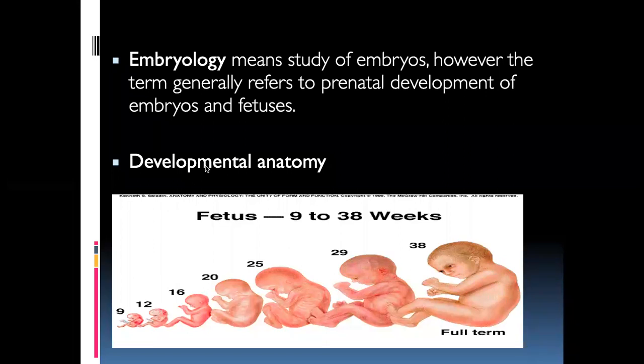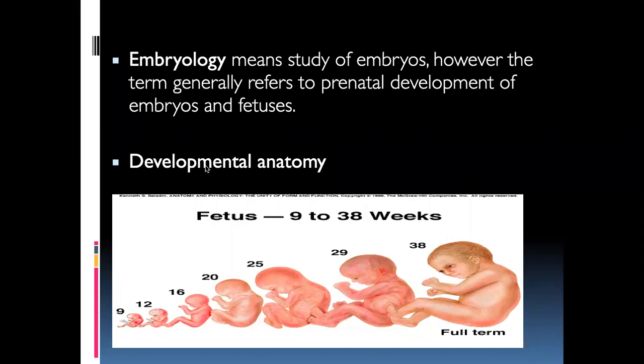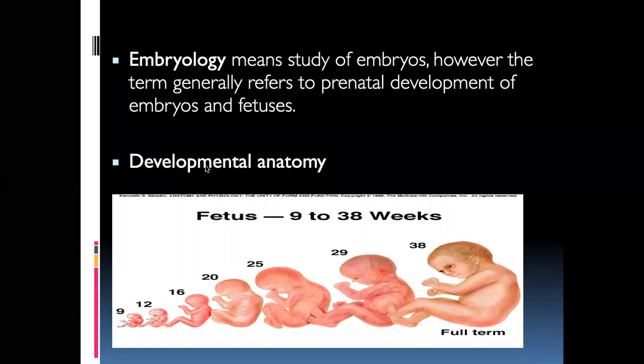It is not concerned with the development of placental tissue, or with internal or physiological changes in the mother's body. We are only concentrating on the embryos, which scientifically includes even in vitro fertilization, where embryos are grown outside. So everything comes under embryology, but developmental anatomy includes everything.